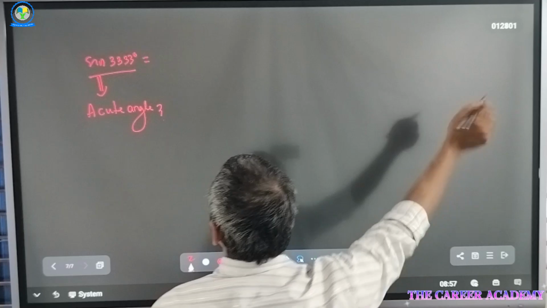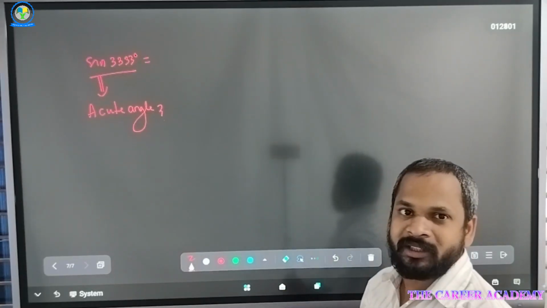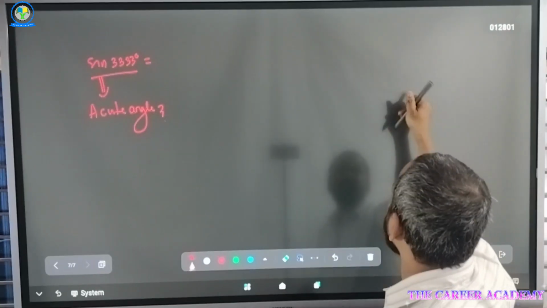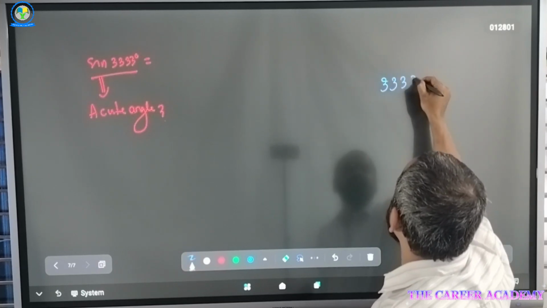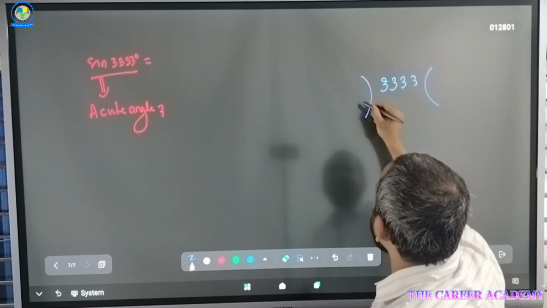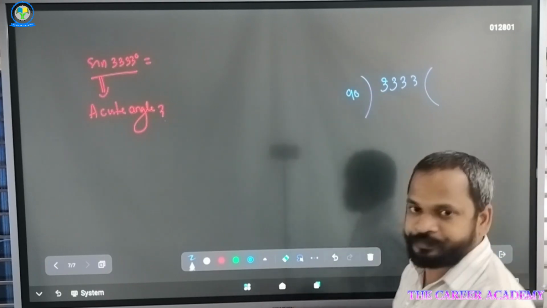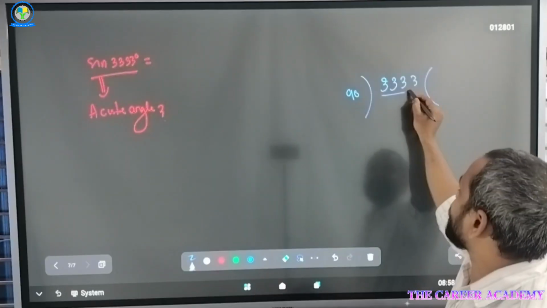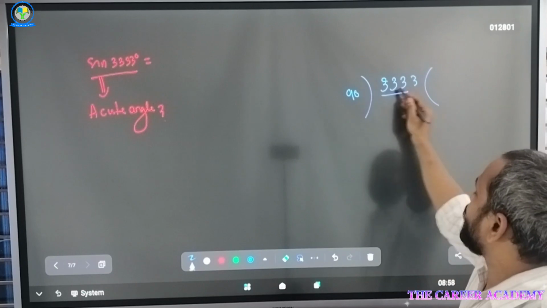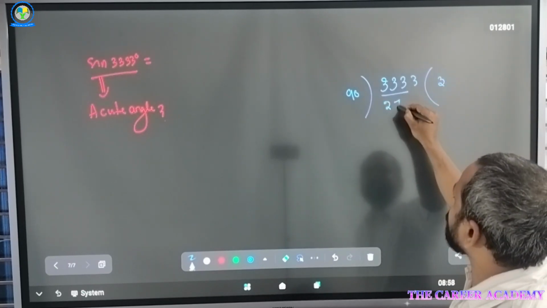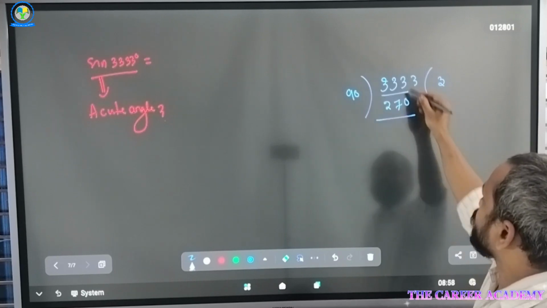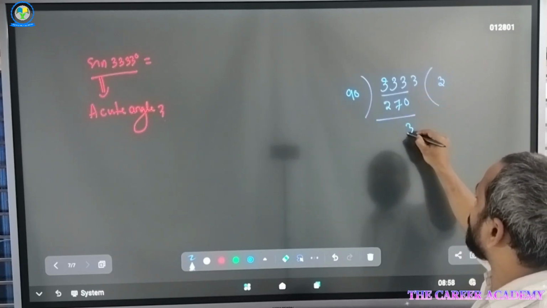Clear? So it is given as 3333 degree. Now you take 3333 degree and divide it by 90. Take 333 first. 90 times 3 is 270 degree, so 3 minus 0 is 3.